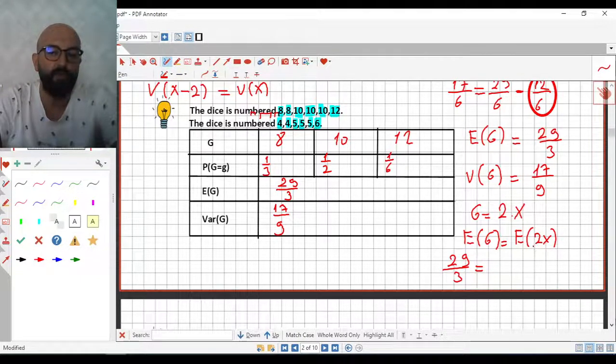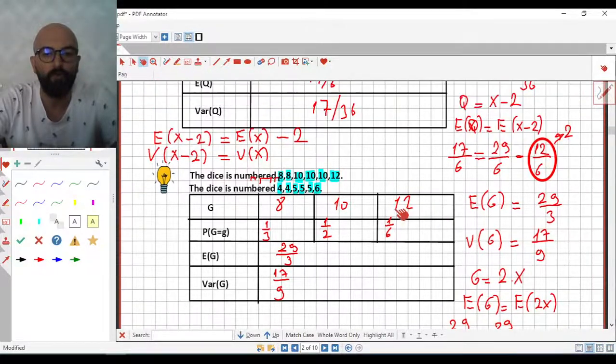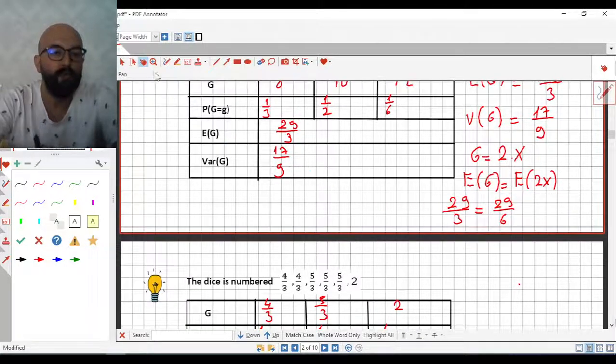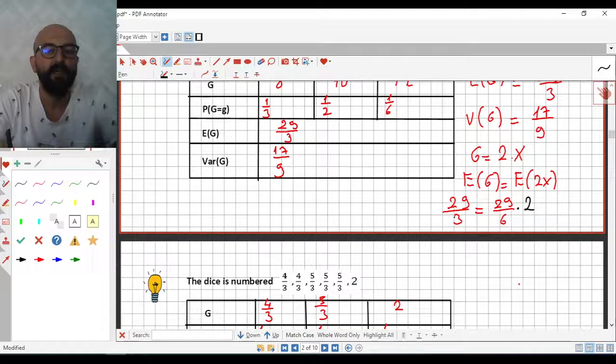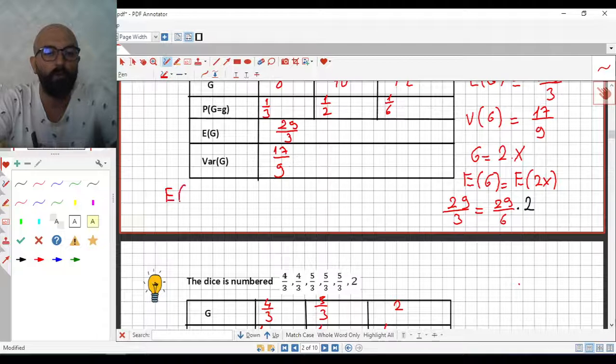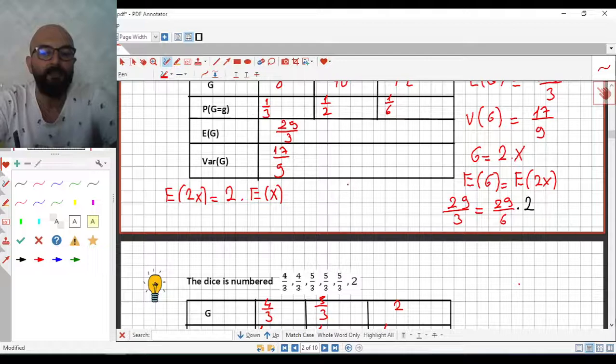The expected value of 2X means 2 multiplied by the expected value of X.